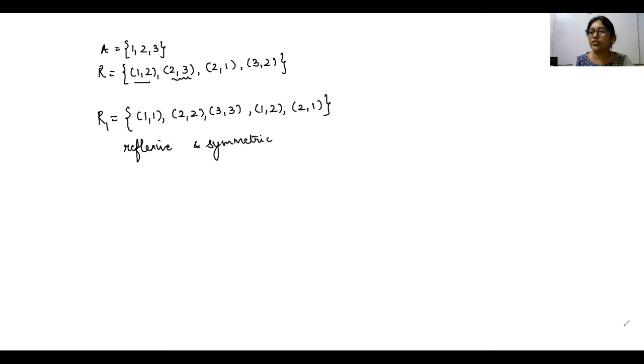Let's go to one more, that is transitive relation. Let us take set A as {1, 2, 3}. If we write down the Cartesian product of A with itself, we will have 3 times 3, which is 9 elements. So let's list them.